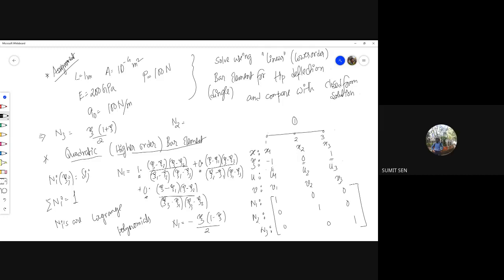N2 should be 0 at xi equals minus 1, and N2 should be 0 at xi equals 1. What two terms should you take the product of to get that? Middle term.